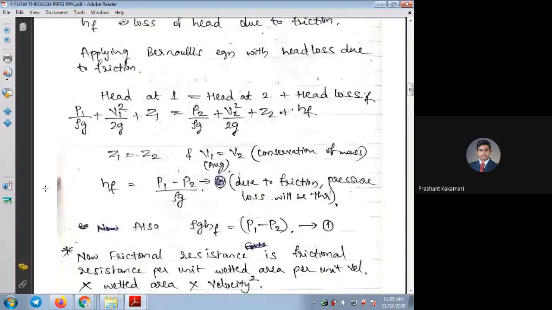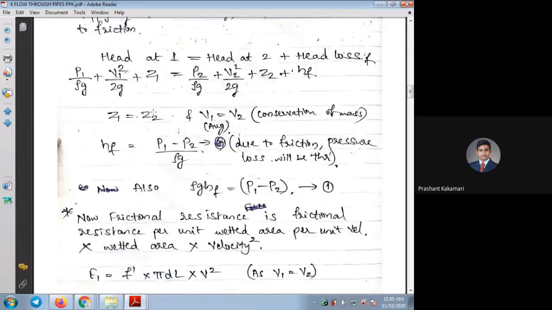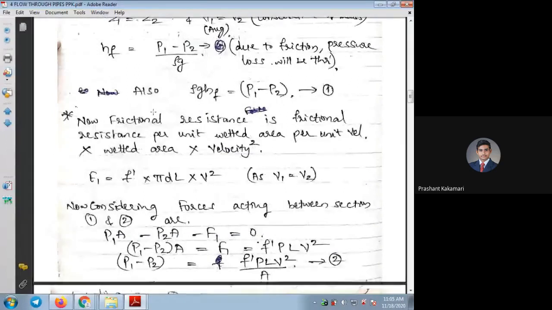We know that force is pressure into area, or pressure is force per unit area. From that basis, I can write the force at section 1 is P1 into A, and the force at section 2 is P2 into A.